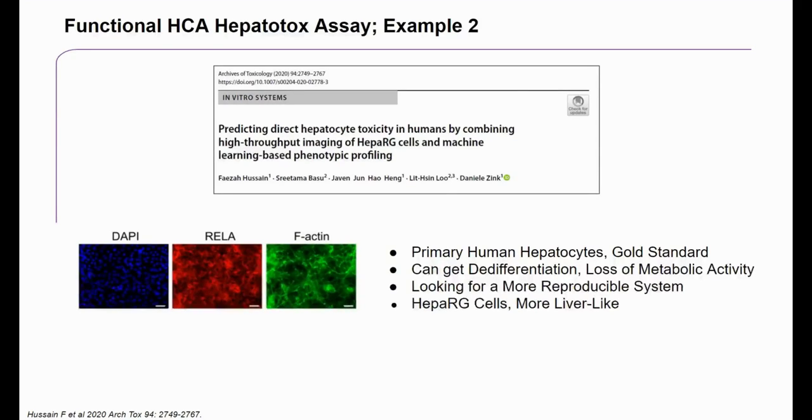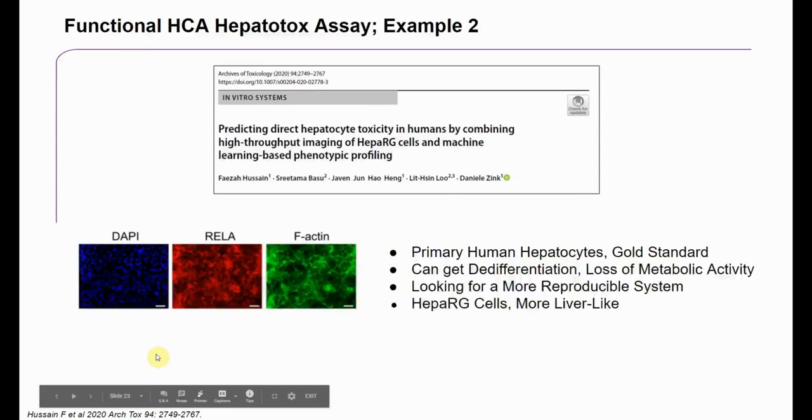So this group were looking for a more reproducible system where you had as much of the metabolic activity as possible. And so one cell line they were looking at was HepaRG cells, which they thought of as being more liver-like than HepG2 cells, in that they had more of the metabolic activity, but where you didn't get this dedifferentiation effect. They also looked at different markers.